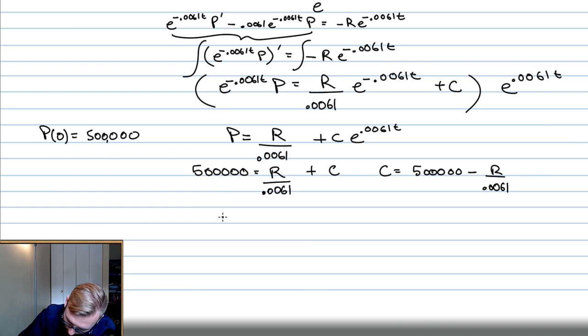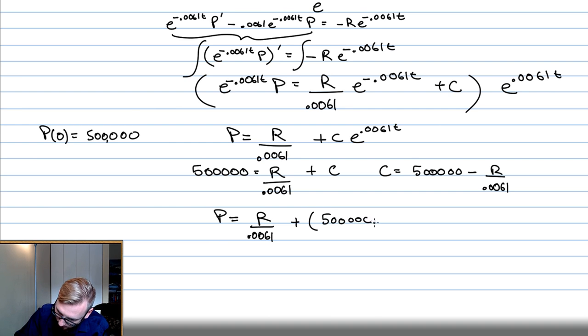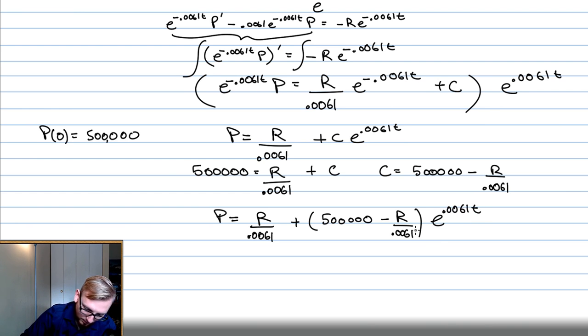Okay, so then our differential equation becomes r over 0.0061 plus 500k minus r over 0.0061, and then e to the 0.0061 t.